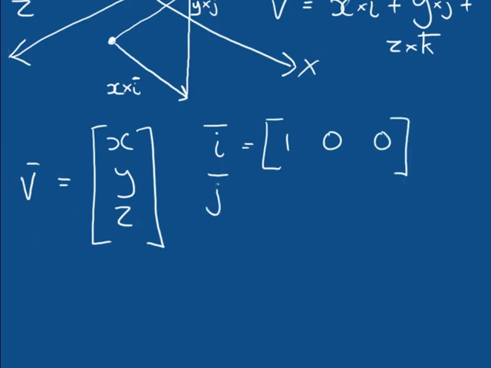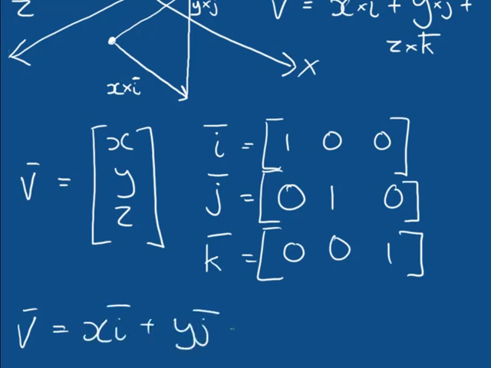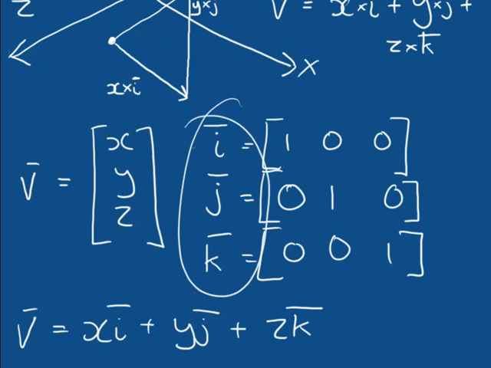We know that when we're working with vectors, they are interchangeable. j is equal to (0, 1, 0), and k is equal to (0, 0, 1). We can write v is equal to xi plus yj plus zk. So we can write any vector as a combination of our three Cartesian vectors.